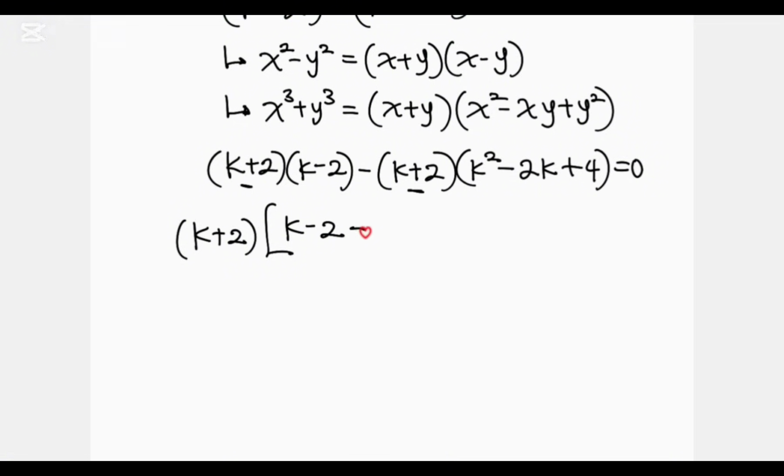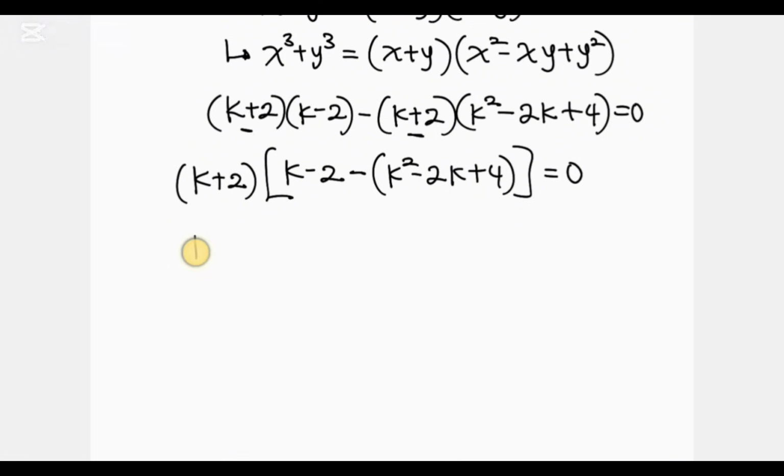Now, since I have minus here, I'm going to be opening up another bracket. Now, since I factored out k plus 2 already, I have this remaining, which is k squared minus 2k plus 4. And then close the final bracket, which is the outer bracket, and this is equal to 0. Very good.